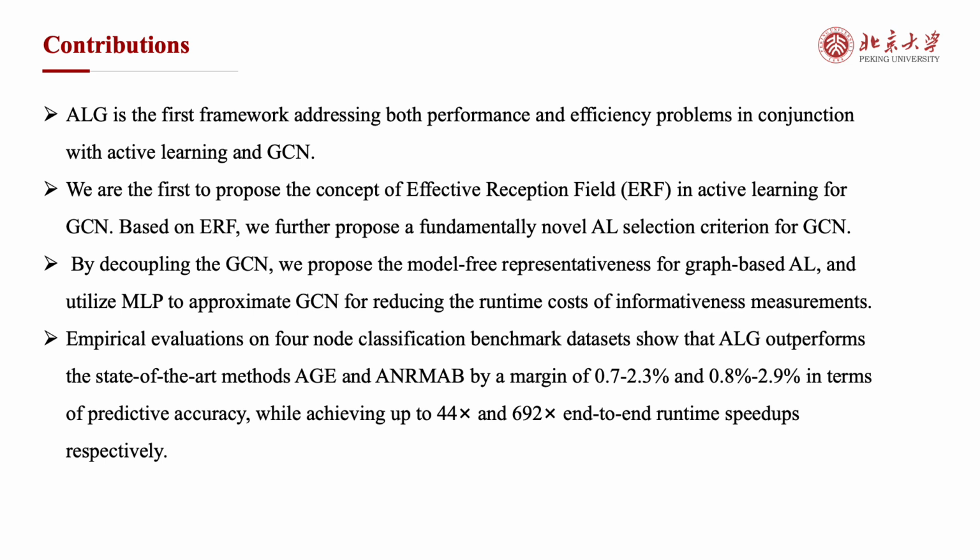Empirical evaluations on 4 node classification benchmark datasets show that ALG outperforms the state-of-the-art methods AGE and ANR-MAB by a margin of 0.7 to 2.3% and 0.8 to 2.9% in terms of predicted accuracy, while achieving up to 44 times and 692 times end-to-end runtime speedups, respectively.